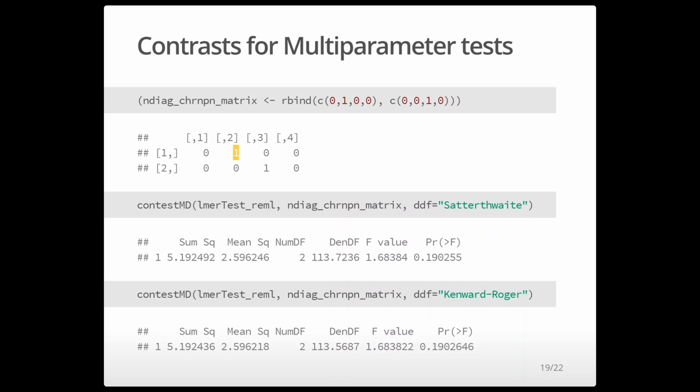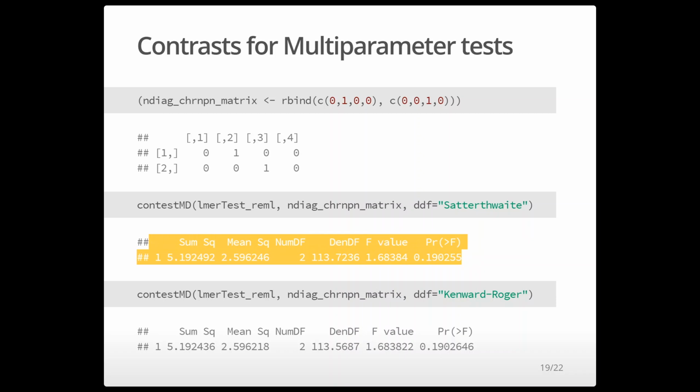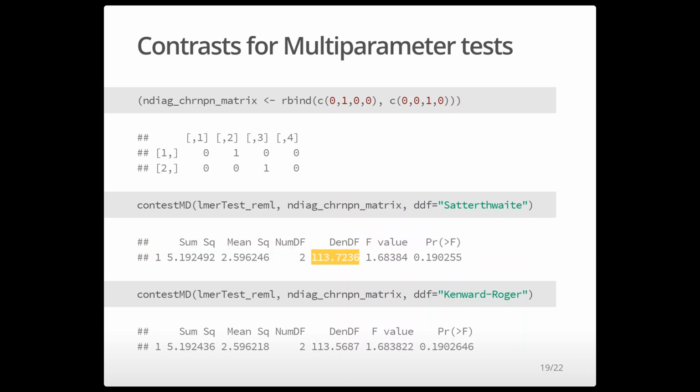So here we have number of diagnoses and chronic pain, and then the last parameter we want to leave out of our model is active, so that gets all zeros. And that gives us a multi-parameter test. This is actually an F test. An F test is equivalent in concept to a t-test in some ways. You talked about that a little bit in lecture, except the F test can have more than one parameter at the same time. So here we get an F test with the Satterthwaite degrees of freedom. Here we have the Kenward-Roger degrees of freedom.